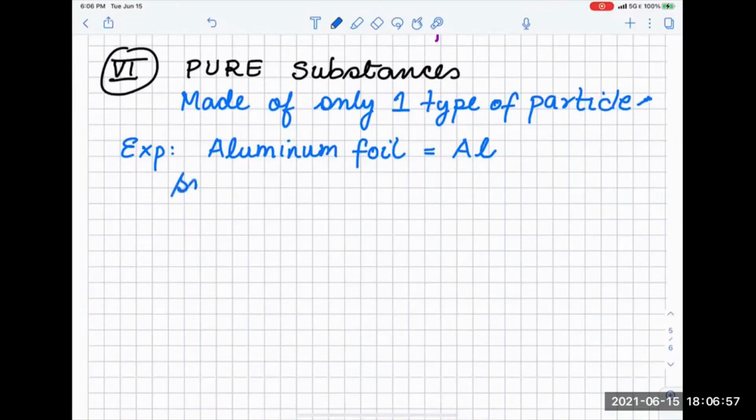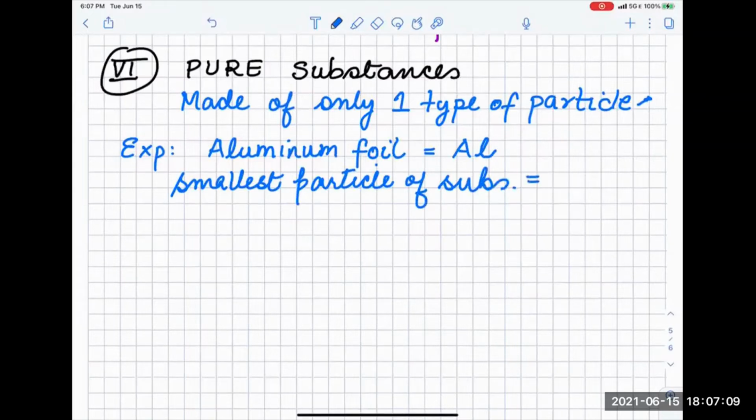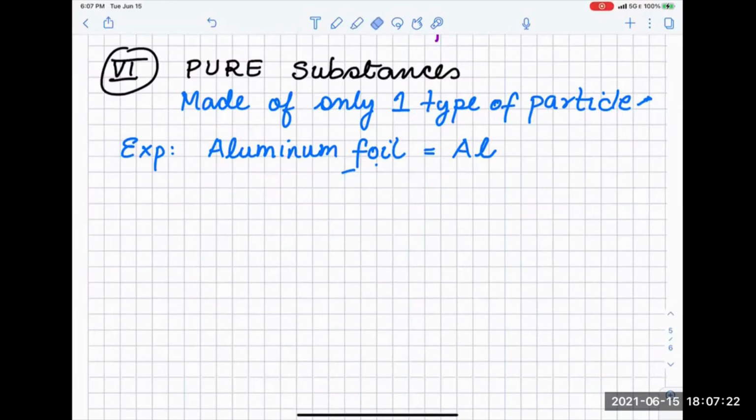So the smallest particle of any substance is the smallest particle. Pure substances are made up of only one type of particles. Okay, so that's the aluminum.